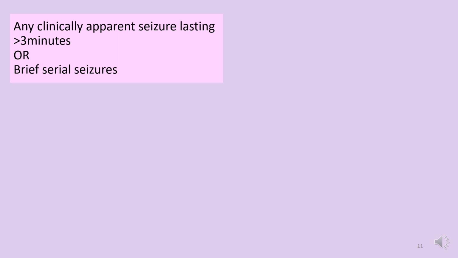In the neonate, it is 3 minutes. That scenario, or multiple short seizures or convulsions. That means a seizure lasting less than 3 minutes, but they are repetitive in nature.